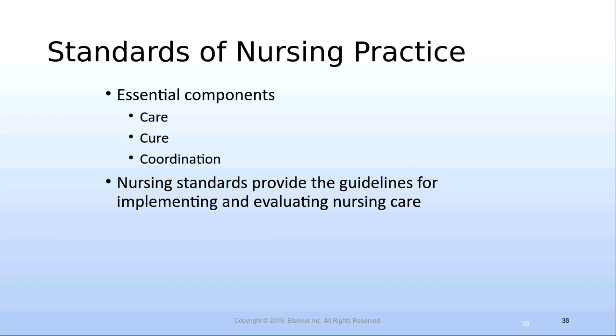To cure is to help patients understand their health problems and to help them cope. The cure aspect involves the administration of treatments and the use of clinical nursing judgment in determining whether that care is effective or not. And then coordination of care is organizing and timing medical and other professional services to meet the whole needs of the patient.